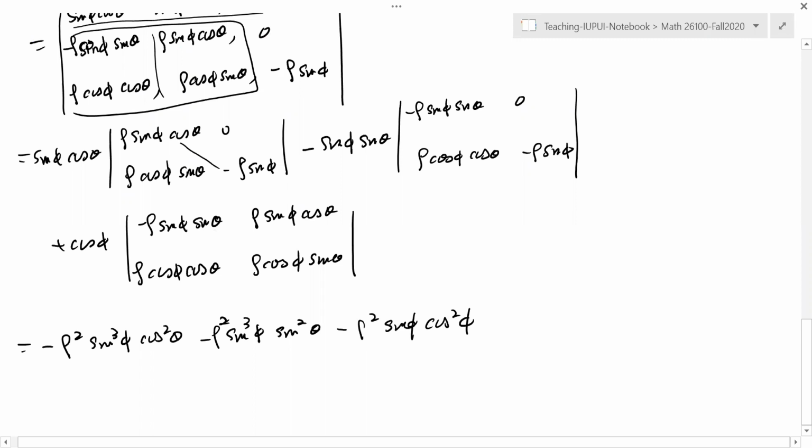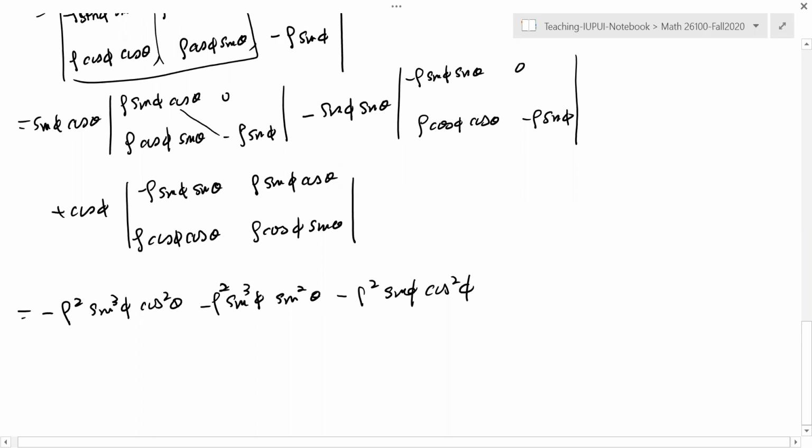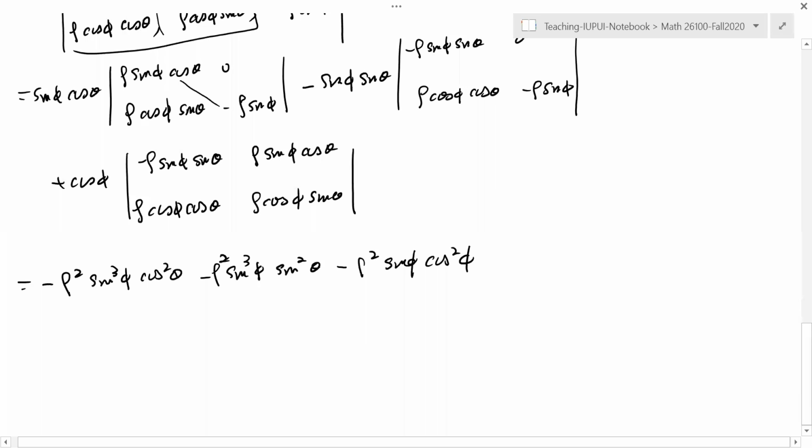That's it. There's no theta involved. Theta is already gone because sine square theta plus cosine square theta equals 1. Then you have to group them together. The first two give you 1, because cosine square theta plus sine square theta is 1.